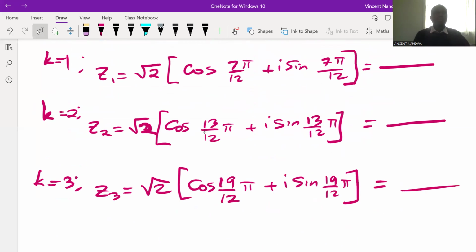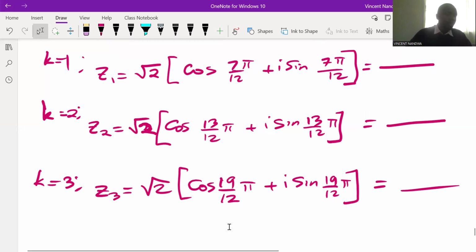Then you can get the actual values of the cos of these angles and sines, and then get the roots in terms of x plus yi. So that's how we solve that problem.